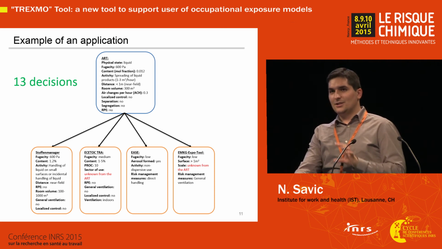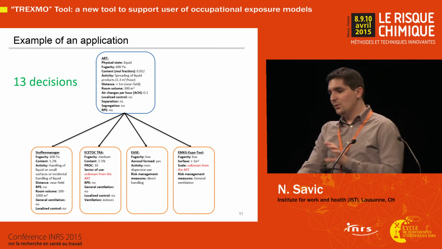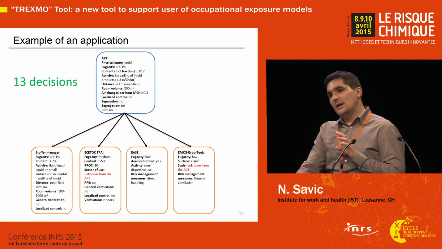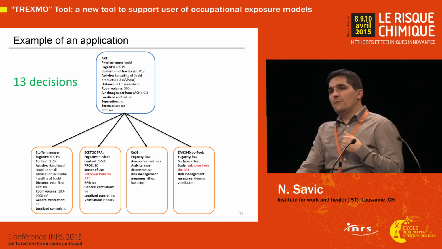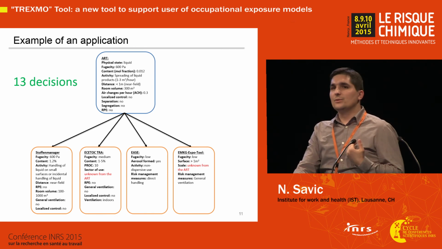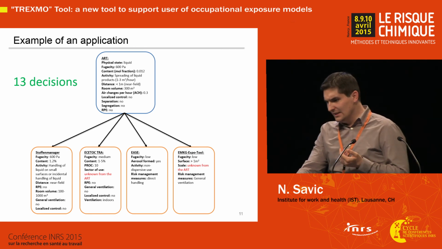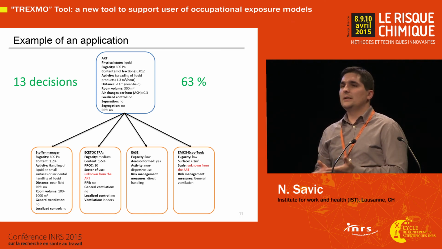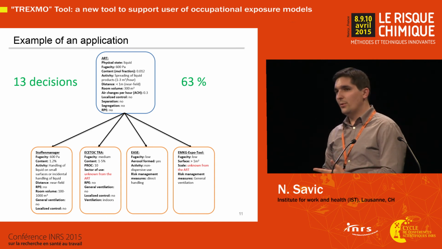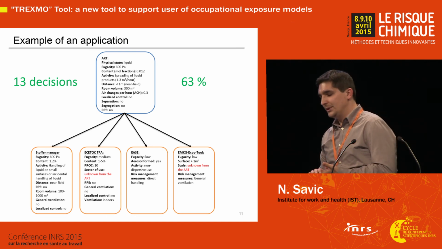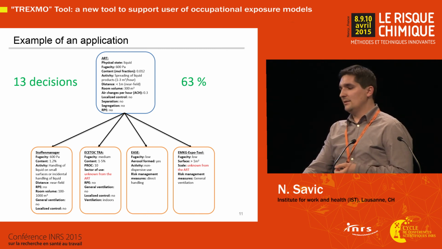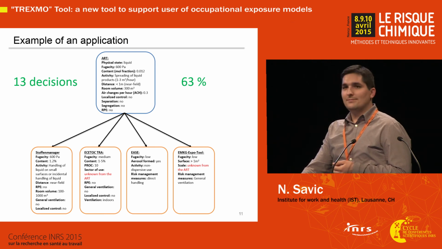So in total 11 decisions in RT and 2 more, because RT doesn't have appropriate analog inputs for all exposure inputs used in other models. This means a total reduction in input data needed to obtain appropriate exposure outputs from these 5 models of 63%, which is really a good number.